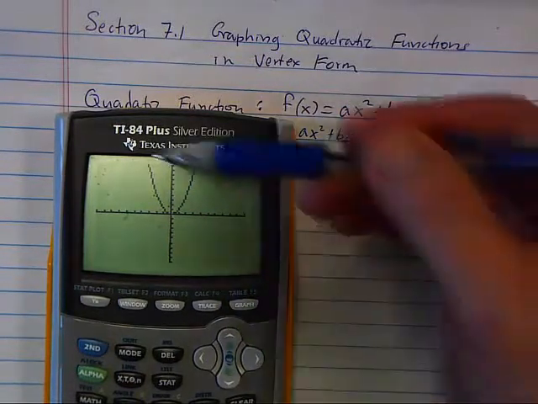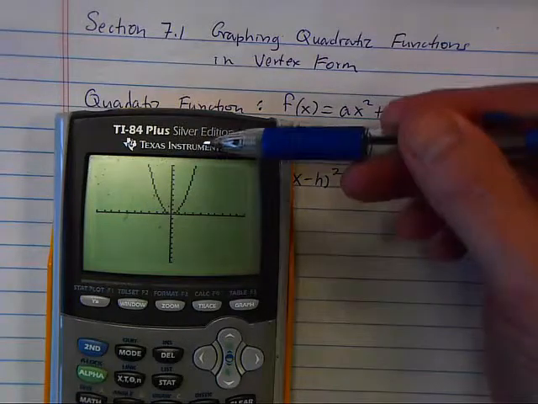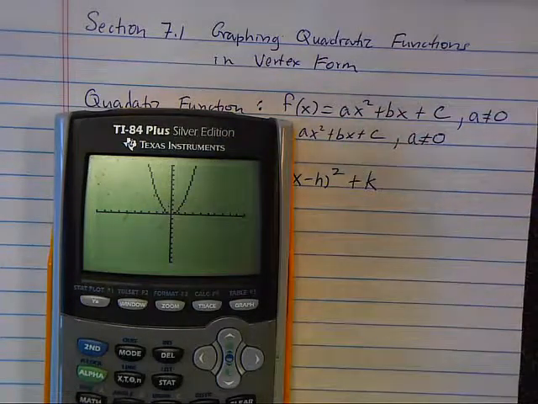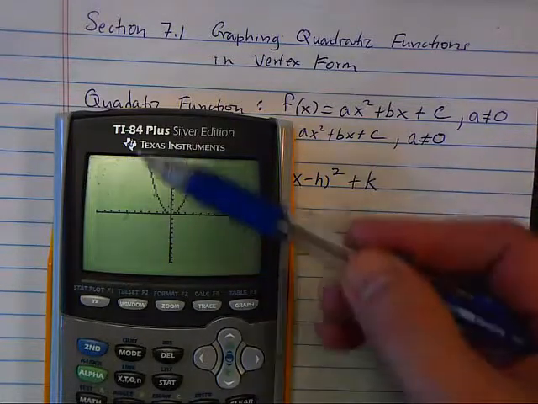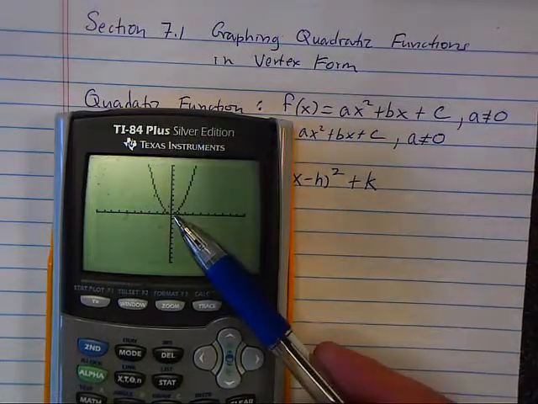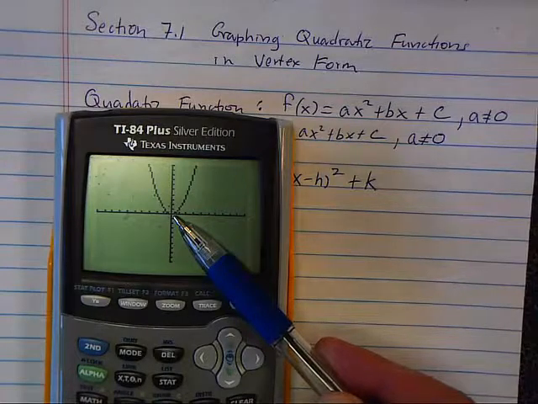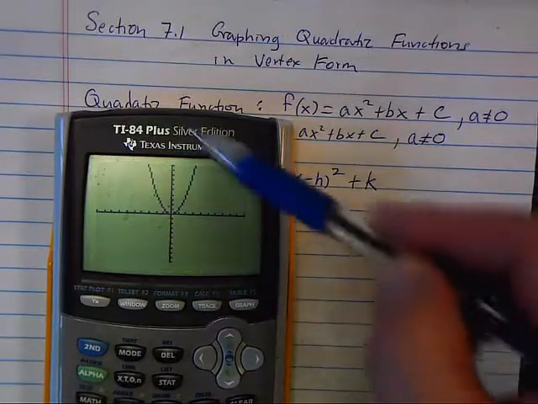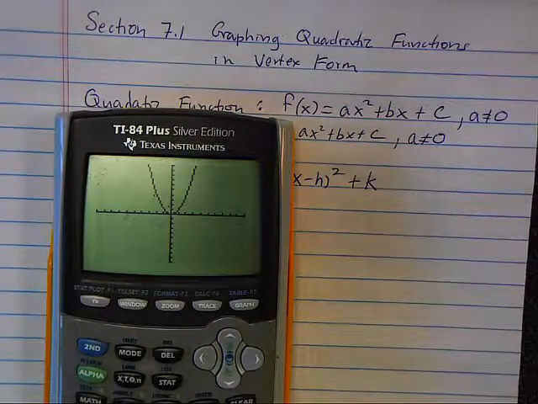So a parabola is going to have this basic shape. It's going to look like a big U, or in a minute we'll see that it could be a big upside down U. If your parabola is a big U, the vertex is always the lowest point. What if the parabola is an upside down U? Then it will be the highest point.